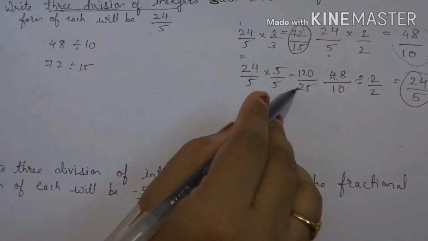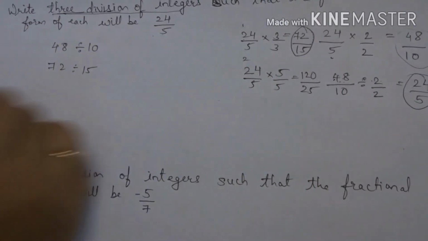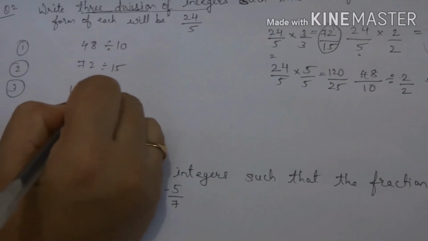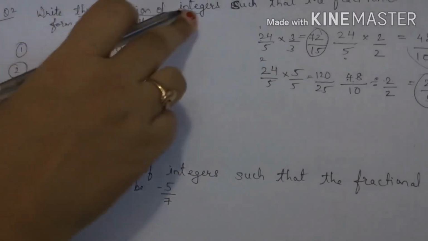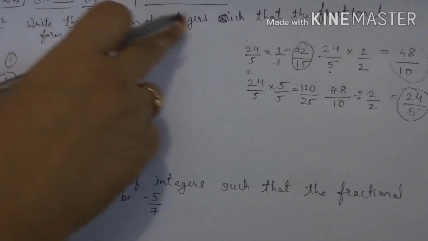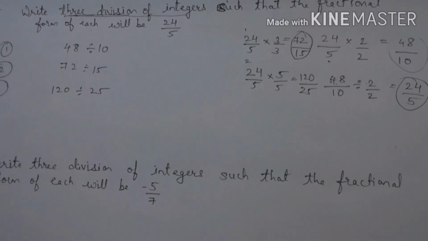So 120 upon 25. If you reduce it, you will get 24 upon 5. So the third one is 120 divided by 25. So all these three are divisions of integers whose fractional form is 24 by 5.